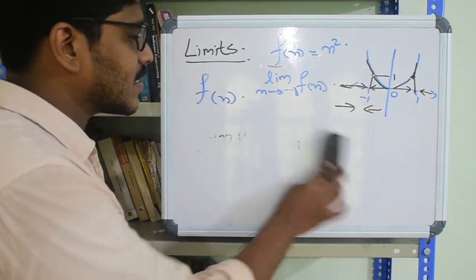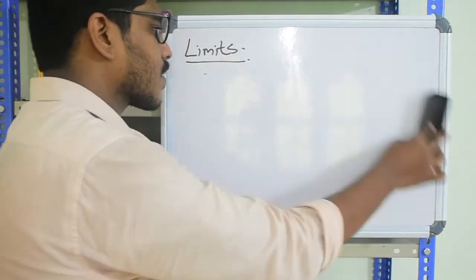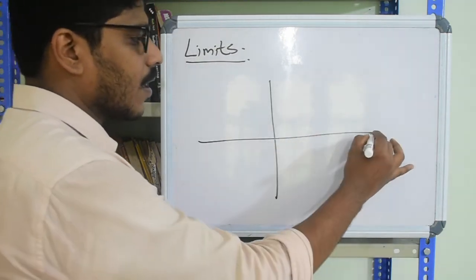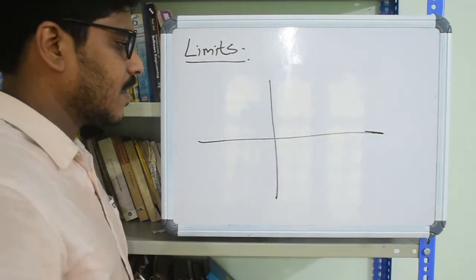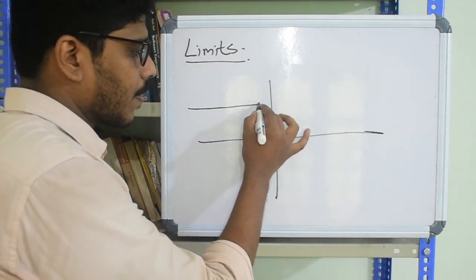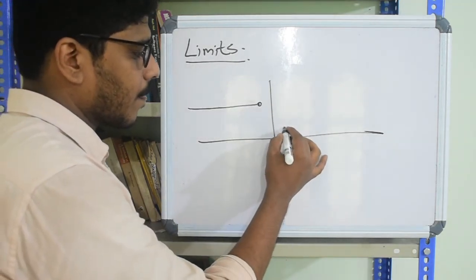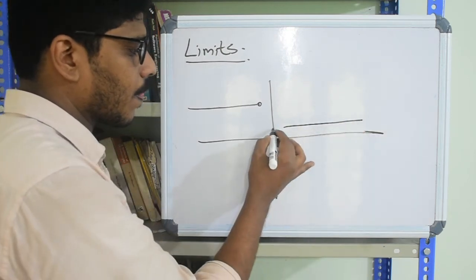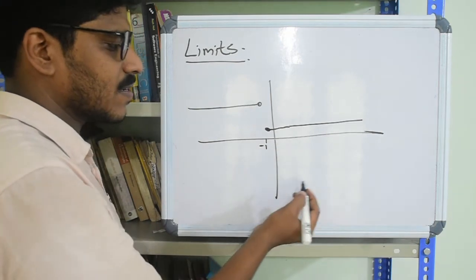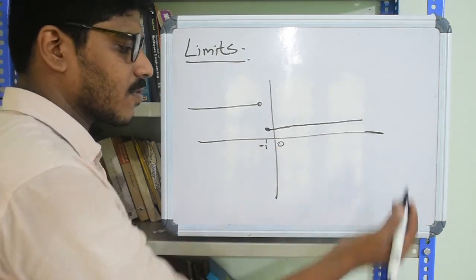So let's see another interesting example here. I don't give you the function, but say this is -1, 0 and whatever.